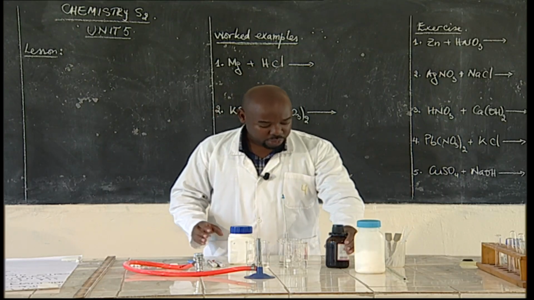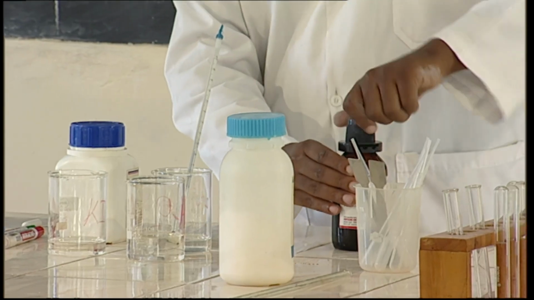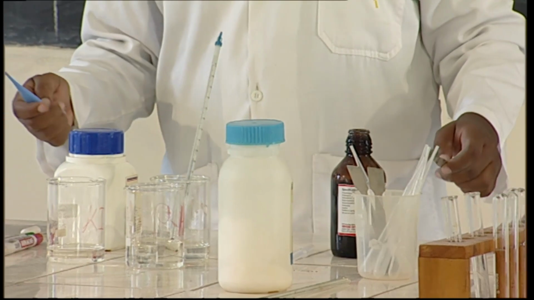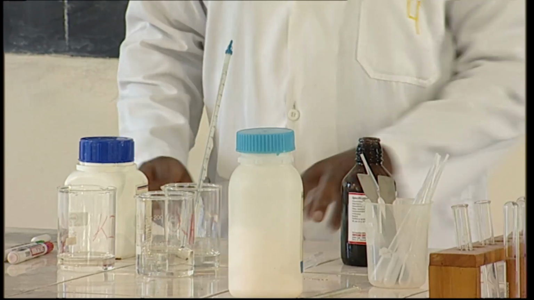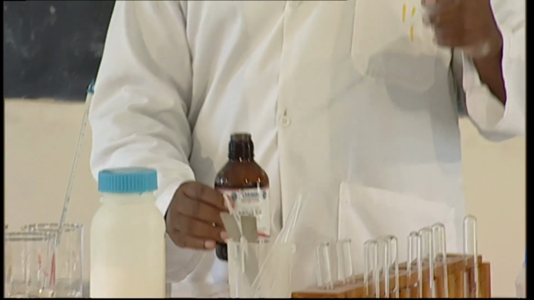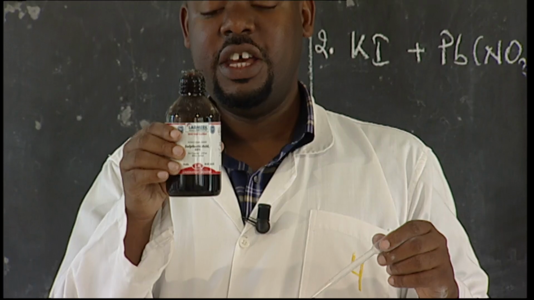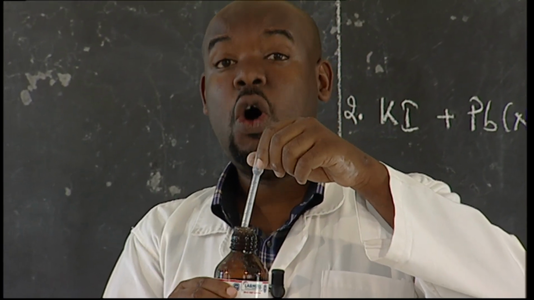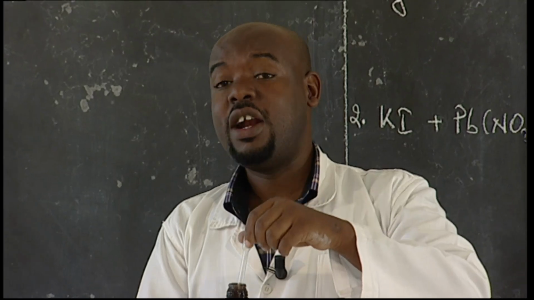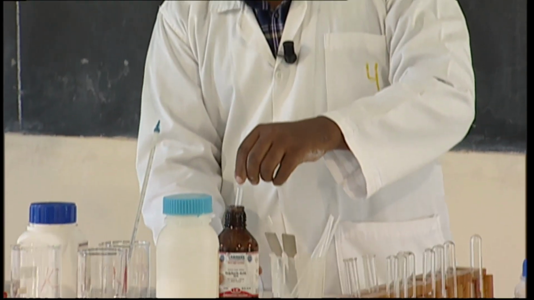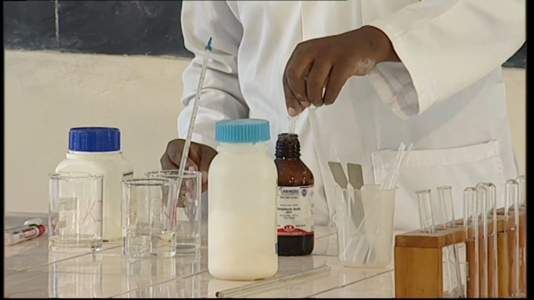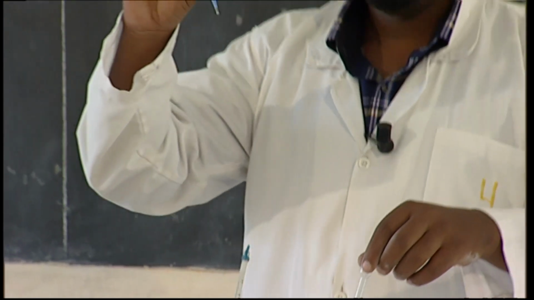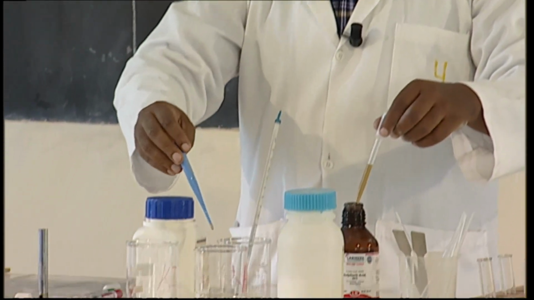Now, let us start with the formation of an acidic solution. The acid we have here is sulfuric acid. You should always be careful when handling chemicals. Here we have our digital thermometer.